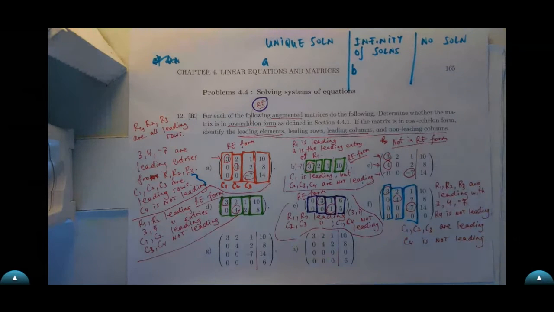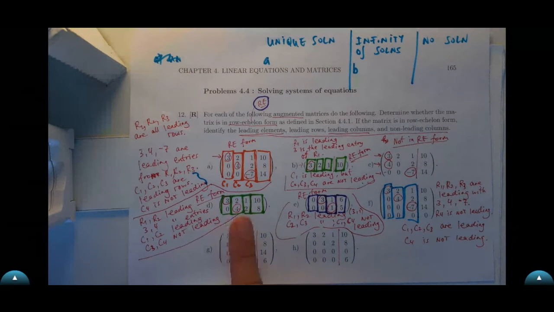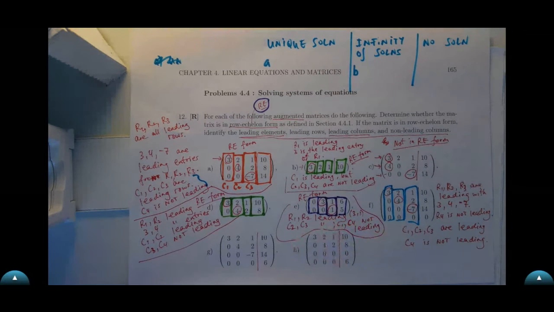All right. So let's look at D. Russell and Advaita think infinite number of solutions. So you're correct, but why are you thinking that for part D? What would be some of the justification for that? Columns 2, 3, and 4 have no leading column.